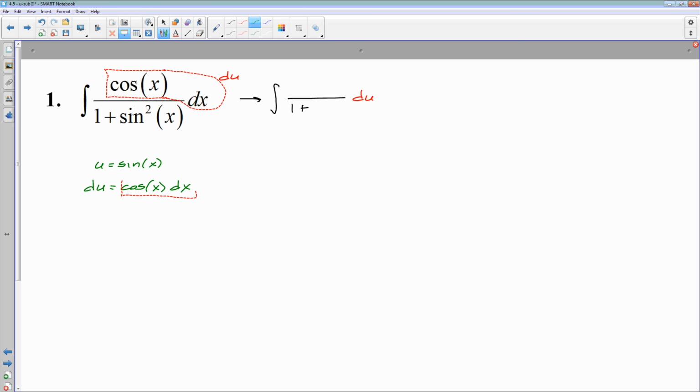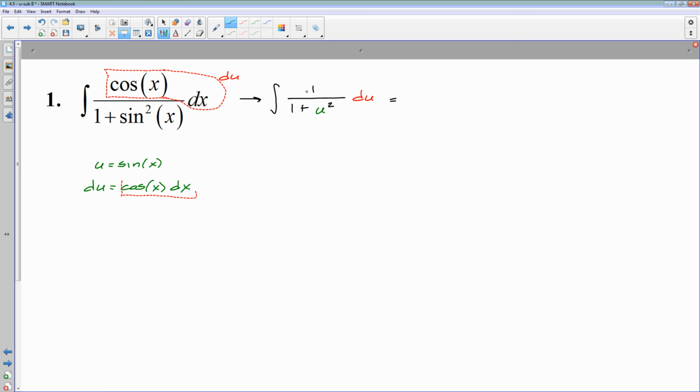And then the sine x is going to become u, but it's sine x squared. So it's going to be something over 1 plus u squared. All of that is my du, so I'll just put a 1 in the numerator to hold the place. So I take out cosine x dx, there's my du. Instead of 1 plus sine squared, it's 1 plus u squared.